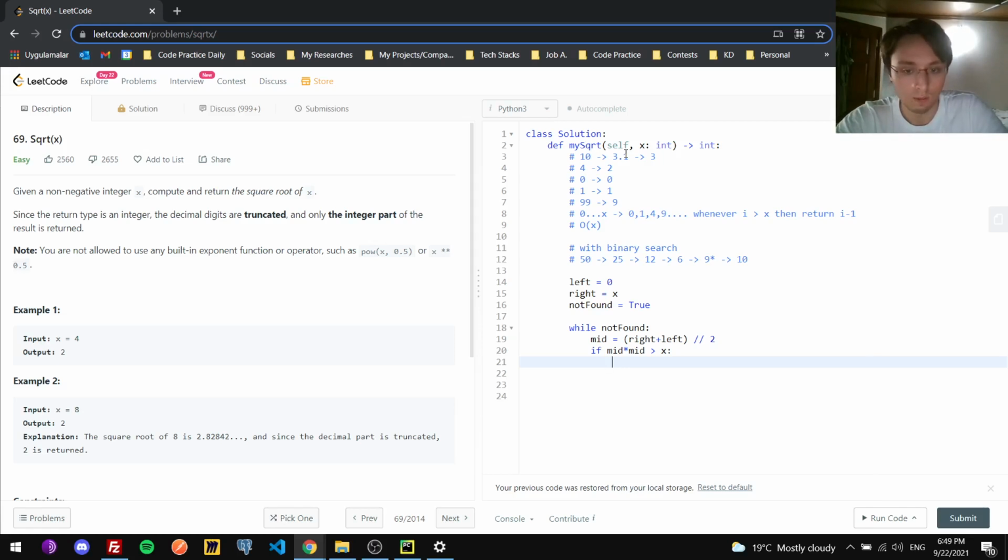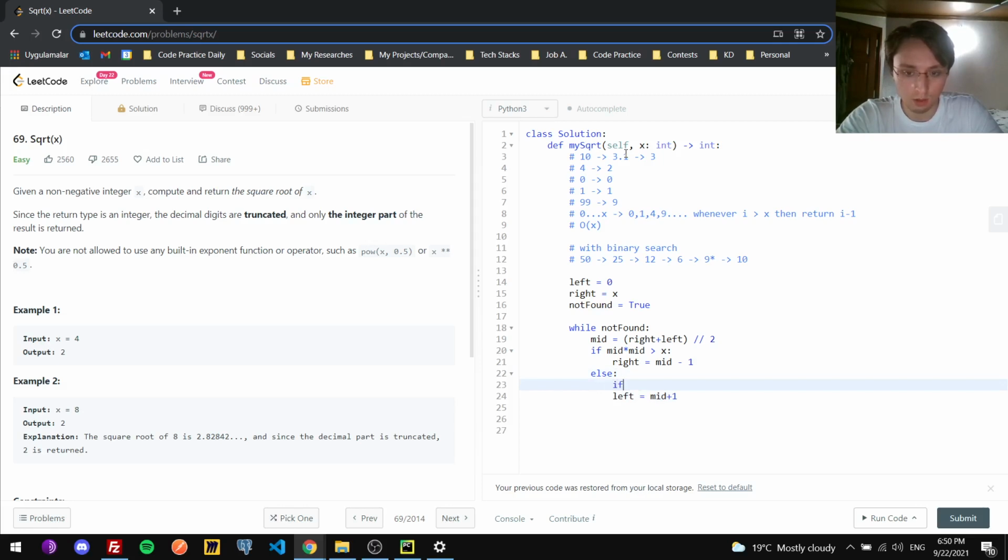So right will be equal to mid minus 1, because the mid is not equal, so we just exclude that. Else it can be smaller. When it is smaller, left is equal to mid plus 1.